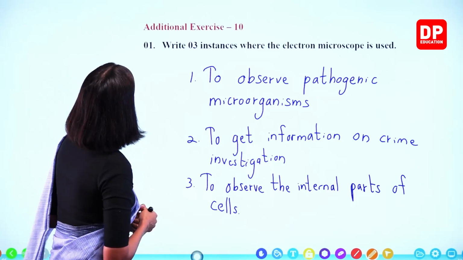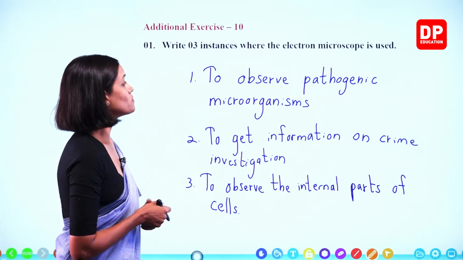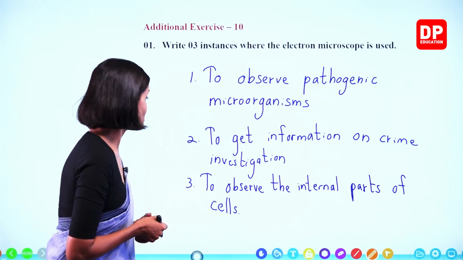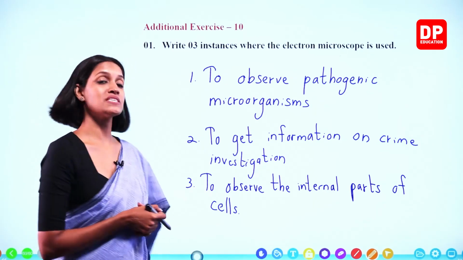Right? Write 3 instances where the electron microscope is used: to observe pathogenic microorganisms, to get information on crime investigation, to observe the internal parts of cells.